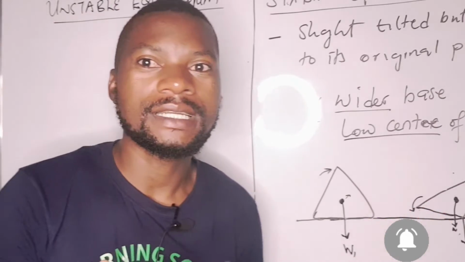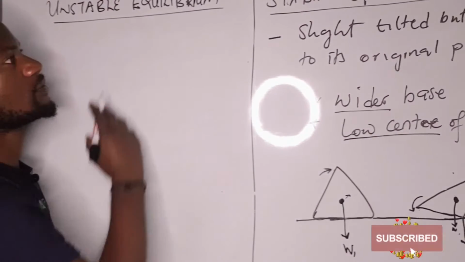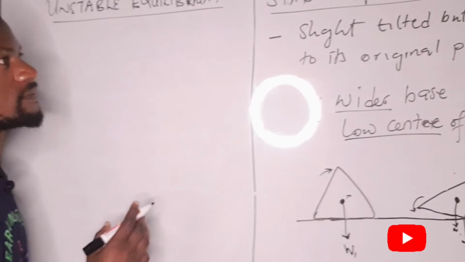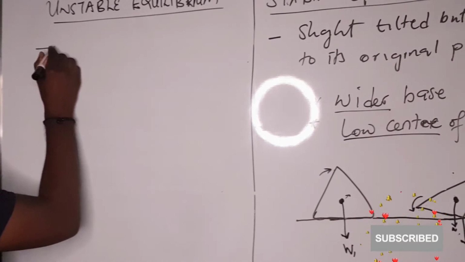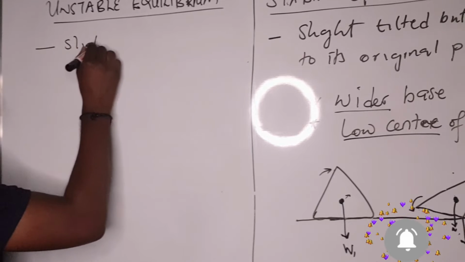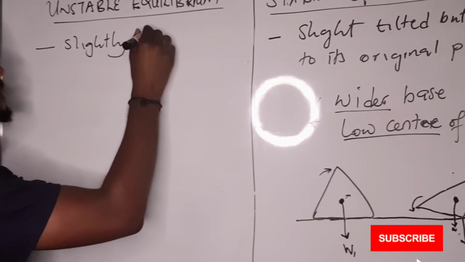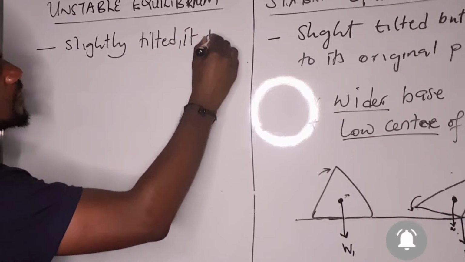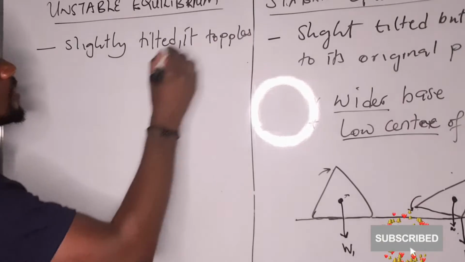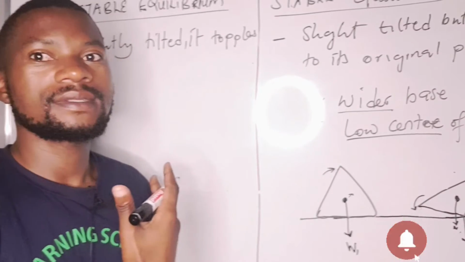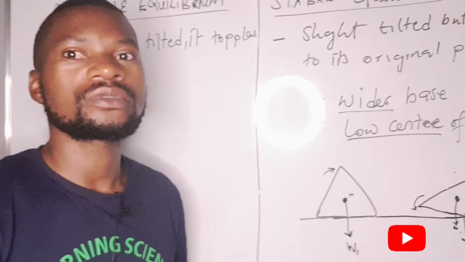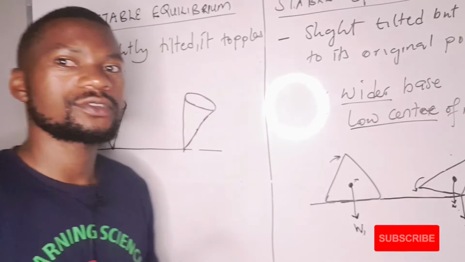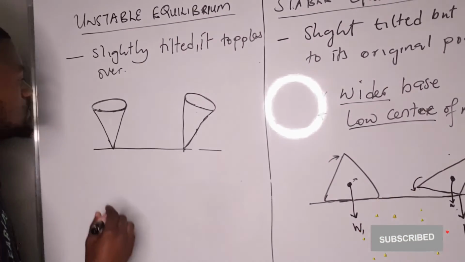So let's try to look at another case, which is the unstable equilibrium. So for the unstable equilibrium, we're saying when an object is slightly tilted, it topples over. Meaning for this one, the object does not come to its original position, but it topples over. Okay, so now let's try to look at these two scenarios.